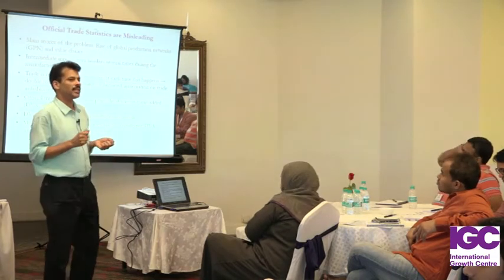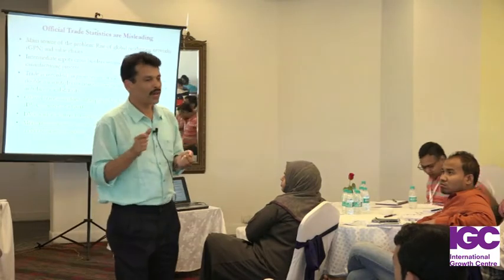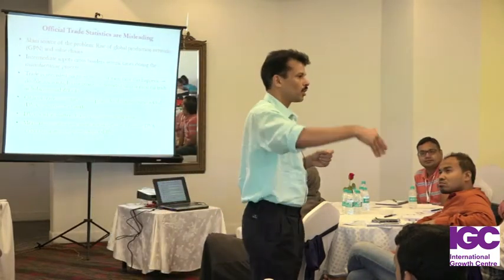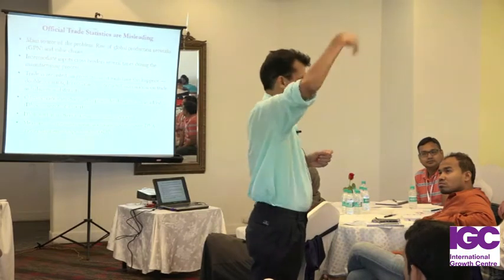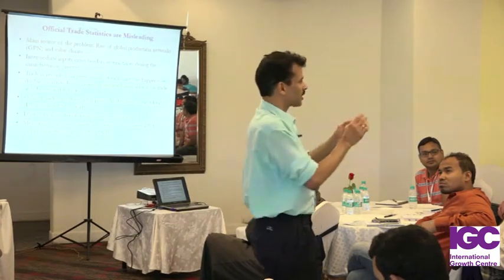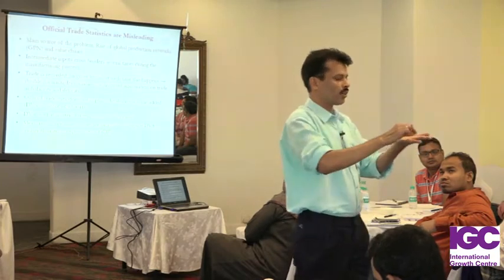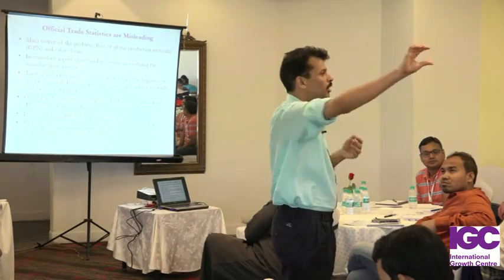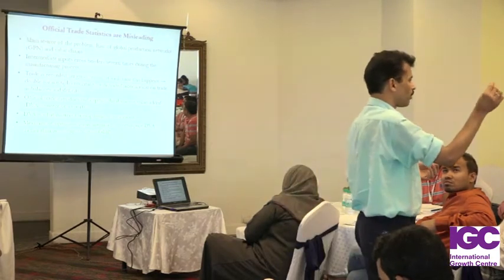Now, the problem is, if you collect trade data when this is happening, what happens? When China is exporting an iPad to the US or to any other country, the Chinese customs officials will record the value of whatever good is going. It will not record the domestic value addition.